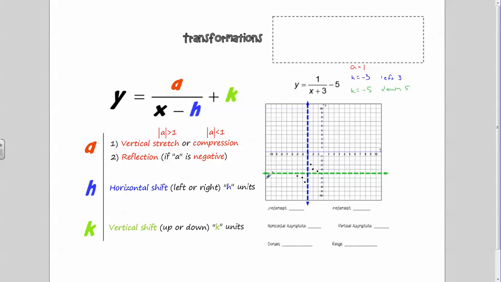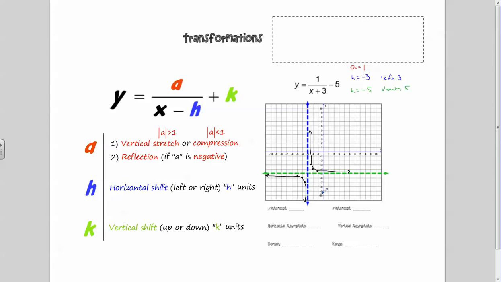And then I'll go ahead and draw this function for us. There you go.